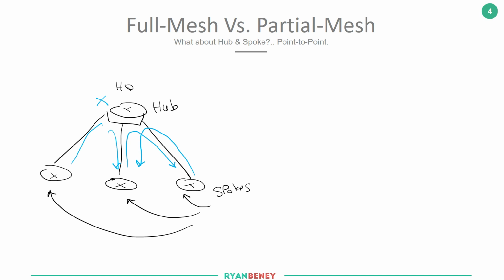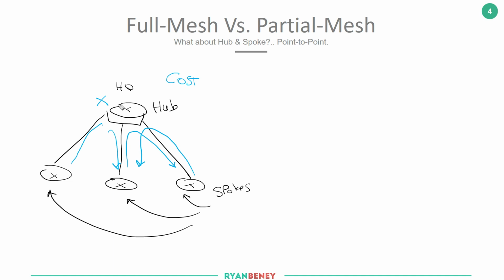Now, the reason this design is favoured is essentially because of cost. It's much cheaper to have an HQ with multiple spokes than it is to have every spoke connected to one another, especially when maybe these spokes do not communicate with each other often. It also depends on the company's desires and the control that they have.